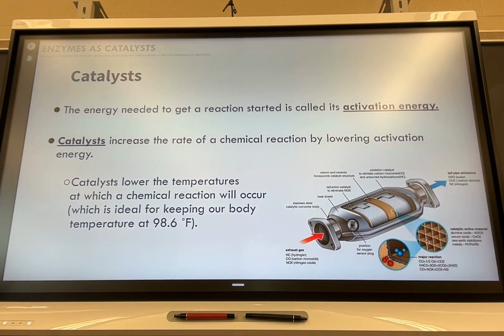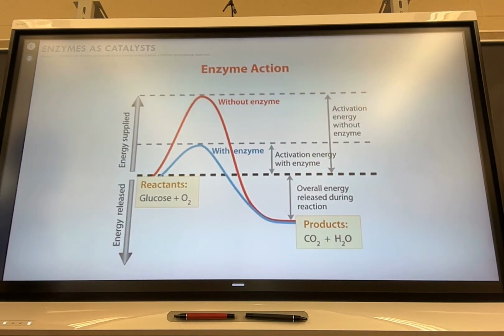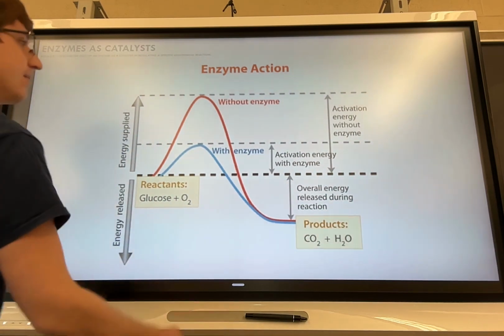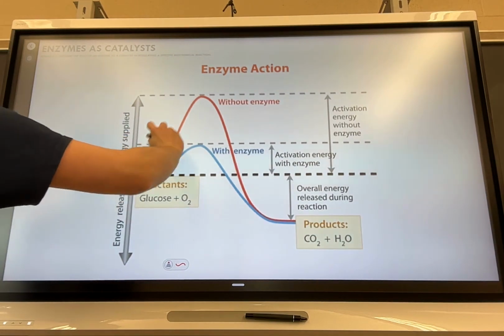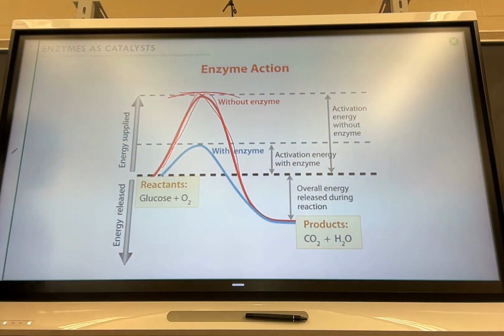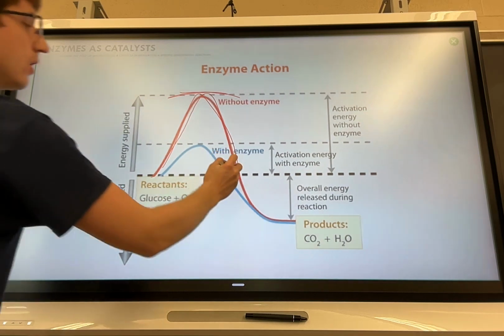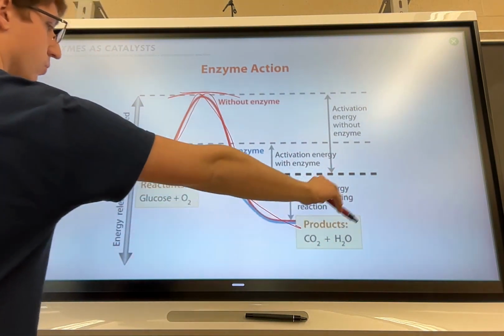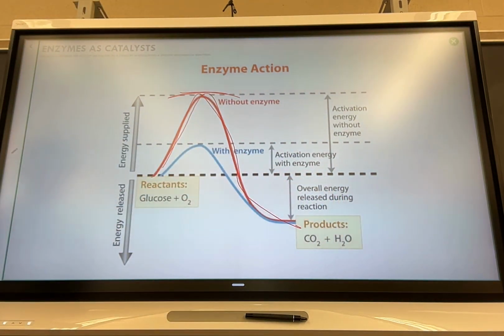So if we look at a reaction diagram, we can see that without an enzyme, there is a big amount of energy needed to start this reaction. So again, that push to get this reaction to start happening. As you can see, it ends with the production of carbon dioxide and water.